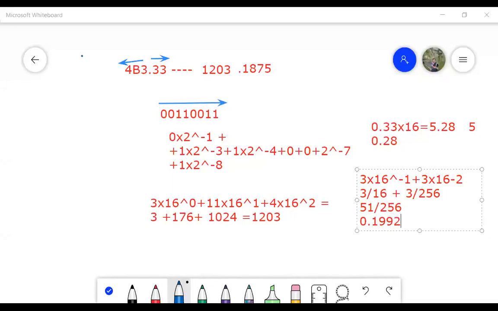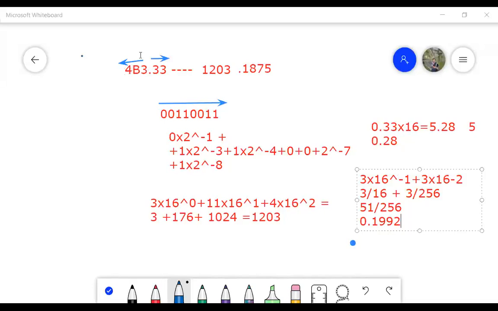So like this you can solve it and understand the solution. The decimal part you get by solving in binary will not be equivalent to what you get by solving using hexadecimal notation or other notations. So here I've got 3 divided by 16 plus 3 divided by 16 to the power of minus 2. How did I get 16 to the power of minus 1 and minus 2?